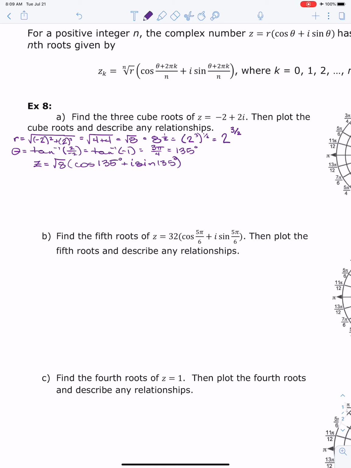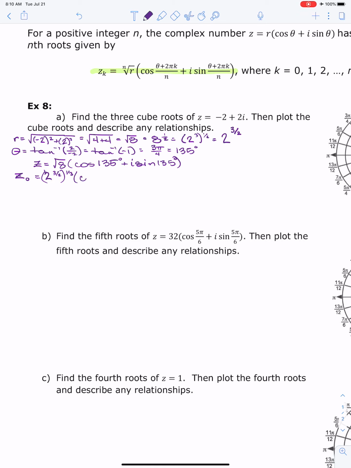And now we want to find the cube roots. Taking a look at our equation up top, I am going to stick to this notation so that I can keep track of everything. So z sub 0, my first cube root, is going to be 2 to the 3/2 to the 1/3, the cube root of the square root of 8, or the cube root of 2 to the 3/2.